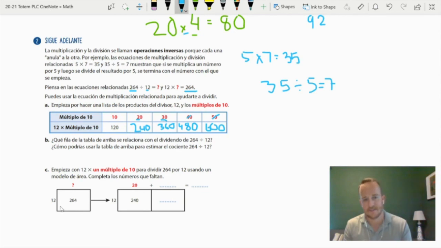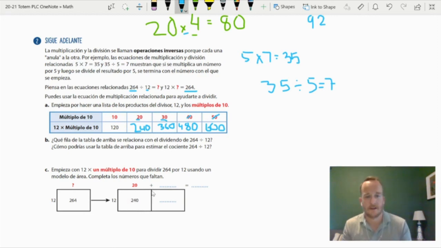Entonces aquí es 12 por, y usamos un múltiplo de 10, escogimos 20, ¿no? Porque como en el último problema, si tenemos la respuesta demasiado alta no va a funcionar esa estrategia. Entonces, eso es bajito. Entonces, 12 por 20, 240.